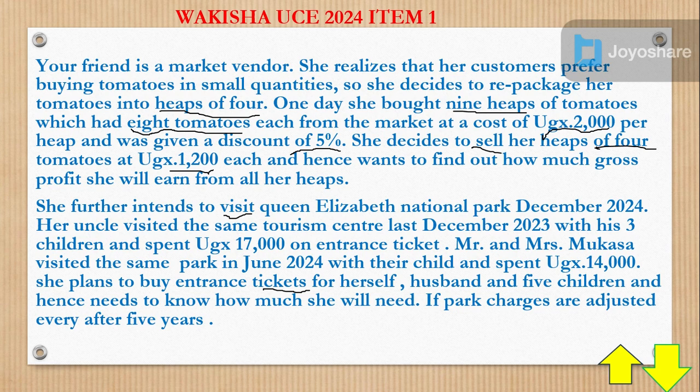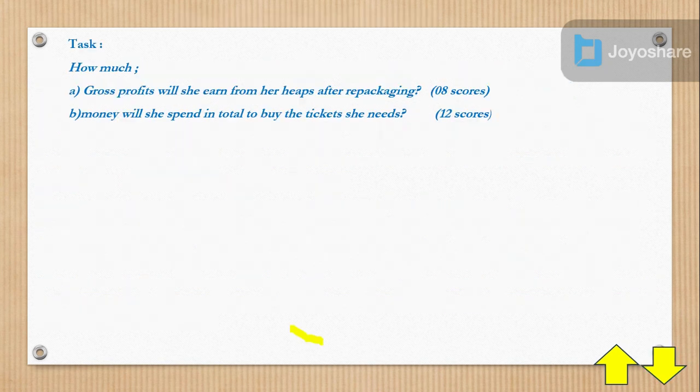If park charges are adjusted after every 5 years, what happens here? Under the task, part A: how much gross profit will she earn from her heaps after repackaging?